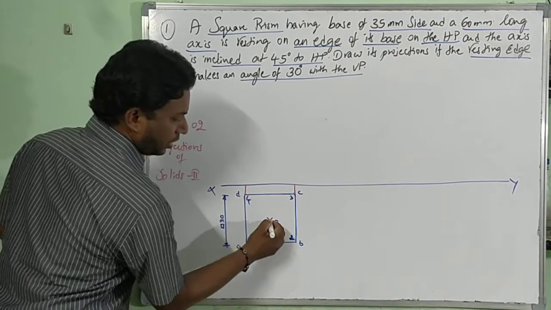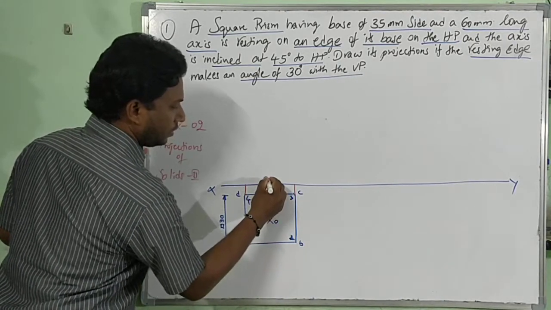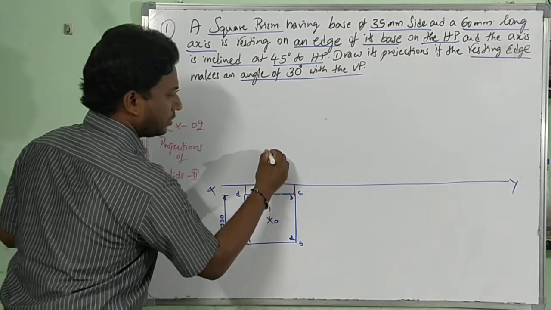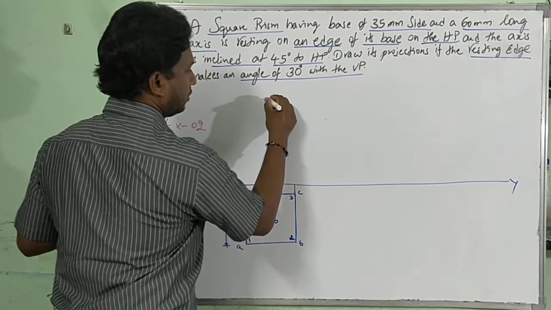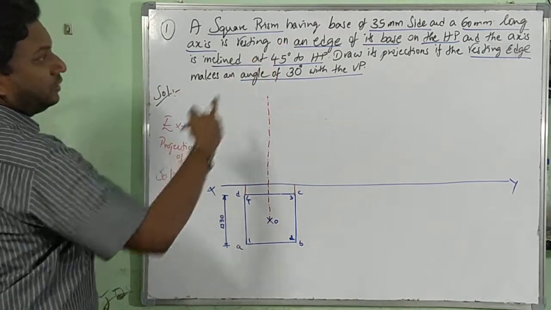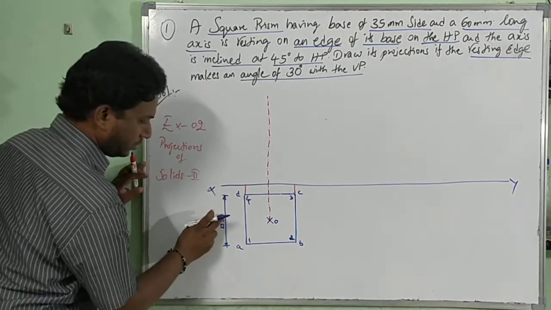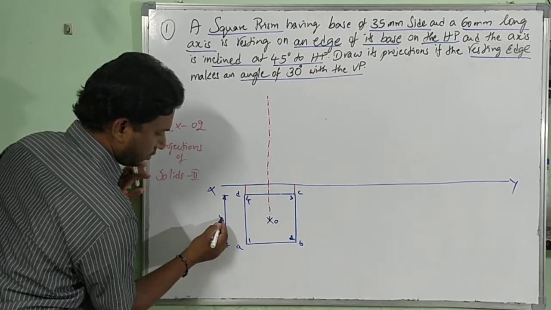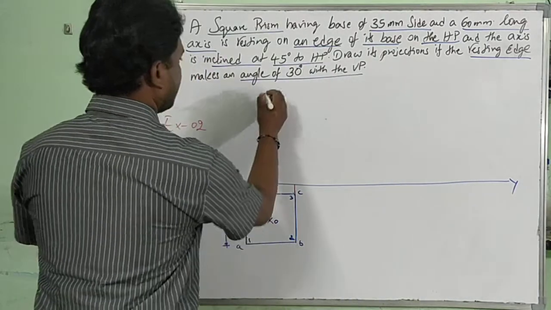So I have to draw the axis line, which I am doing like this. Axis of how much height? Sorry, here the square is of 35, right? Axis of 70.